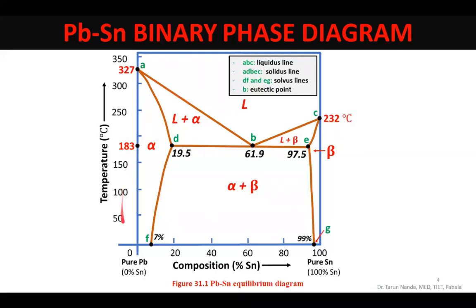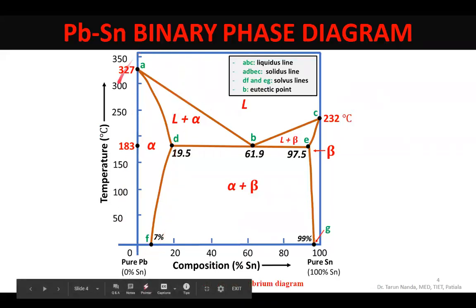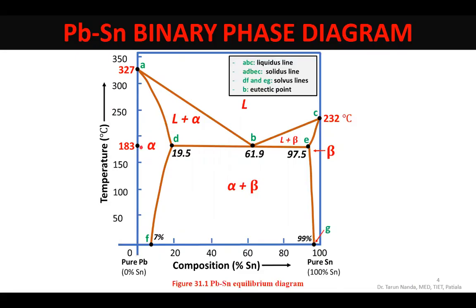And here on the left side we have solid solution alpha. This is a solid solution with lead as the solvent, which has dissolved tin in it. So tin is the solute. And what is the maximum amount of tin that this alpha solid solution can accommodate in it?